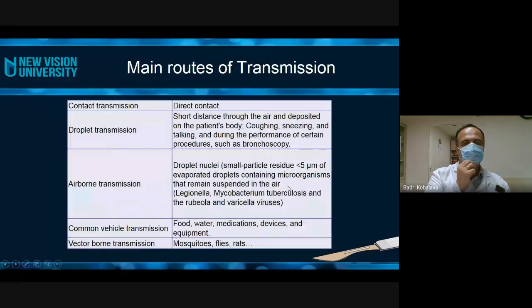How is infection transferred? There are several ways of transmission of infection. First is direct contact.